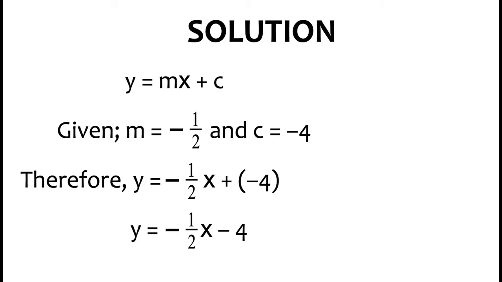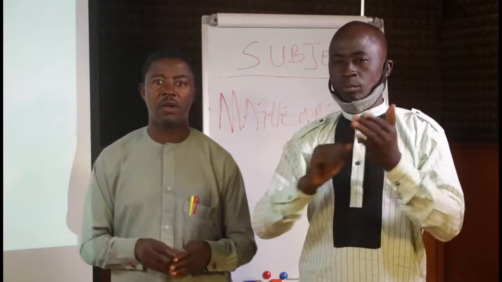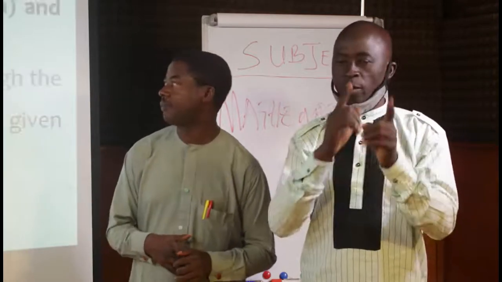Clearing the bracket, our equation becomes y = minus 1 over 2x minus 4, because plus minus gives us minus. That gives us the equation of the line.